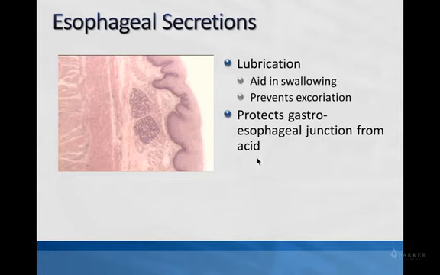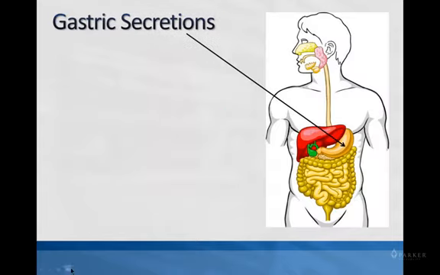So primarily the esophageal secretions assist in swallowing and protect the mucosal layer from excoriation as well as stomach acid. Now, once we enter the stomach, there are a lot of different secretions.